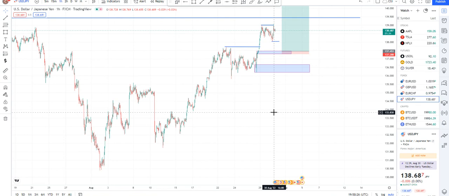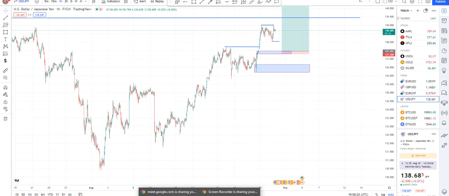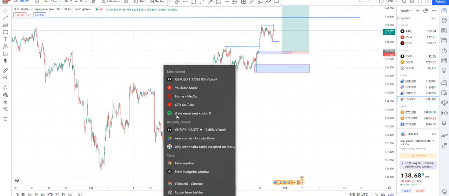What I trade is, let me open my personal TradingView.